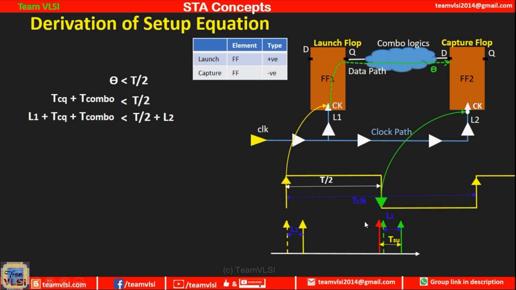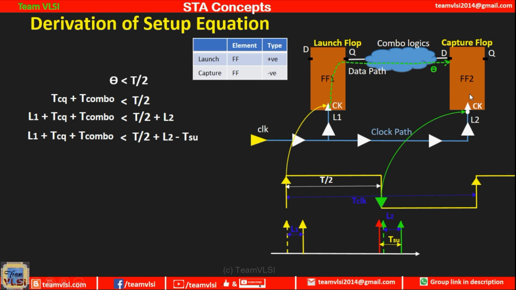So we have to take care of this clock uncertainty by subtracting the clock uncertainty time on the right hand side. So L1 plus TCQ plus T combo should be less than T/2 plus L2 minus clock uncertainty TSU.